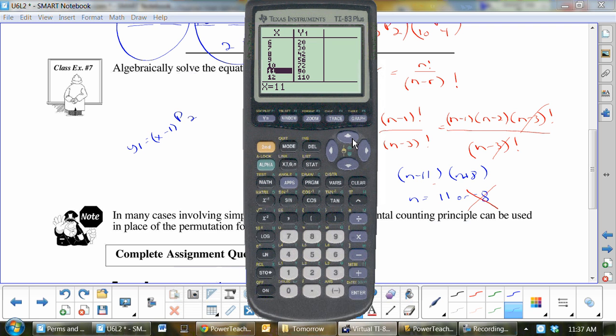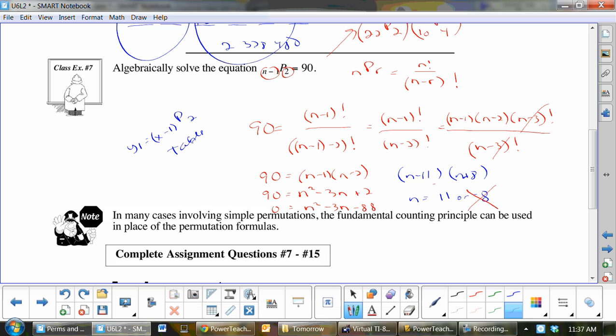So you can use your table, and then you'll get x equals 11. Now remember, what would be the actual permutation that gives you 90? What P what gives you 90? 10P2 equals 90, right?